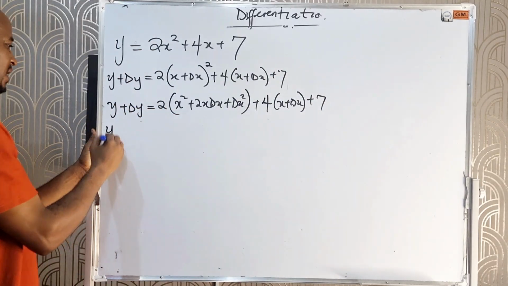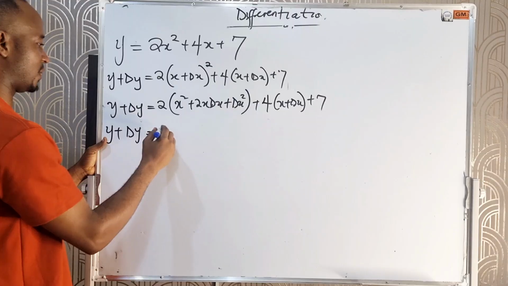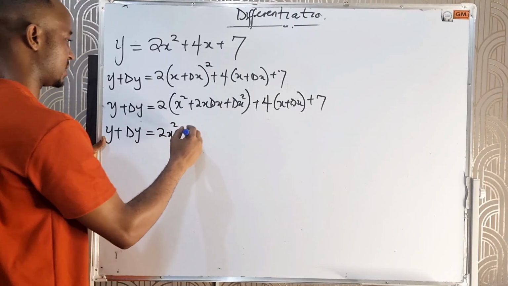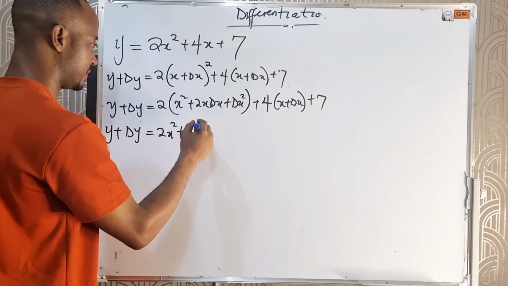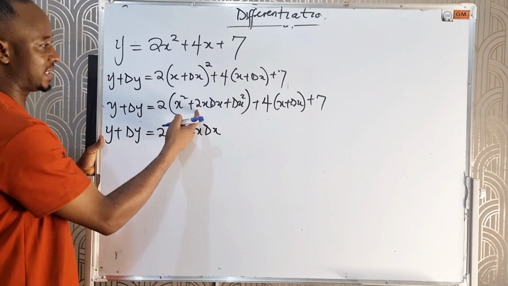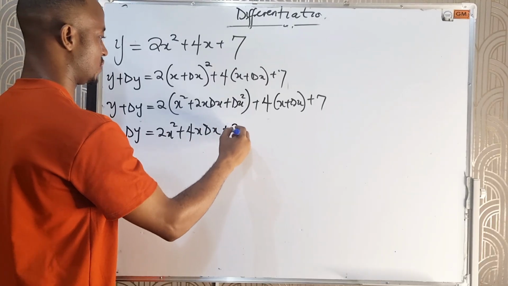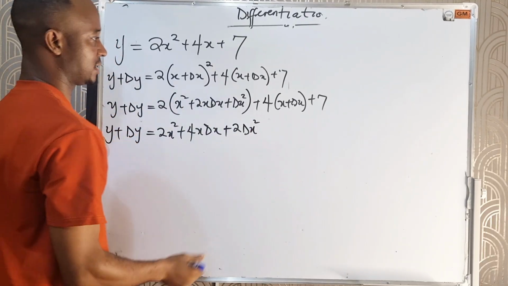Now let's move on. We have y plus delta y equals, we can expand this now. We have 2x squared plus 4x delta x. 2 times x squared is 2x squared. 2 times 2x delta x is 4x delta x. 2 times delta x squared is 2 delta x squared, right?